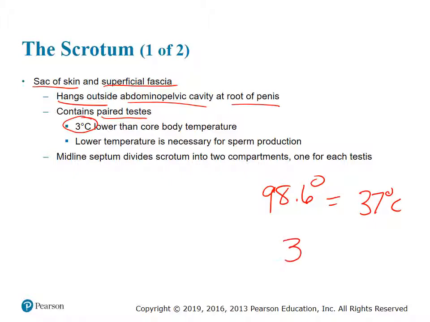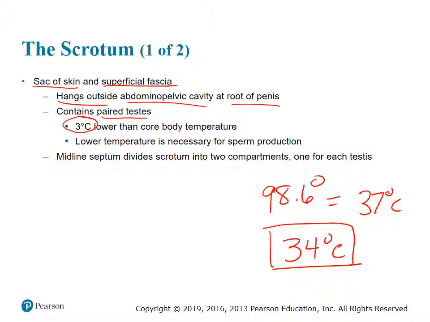And in fact, the testes are at about 34 degrees centigrade, and that's really one of the major reasons why the scrotum holds the testes, because when it descends past the internal body cavity, the abdominopelvic cavity, it actually lowers the temperature.